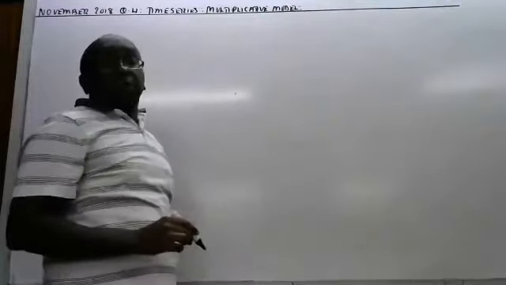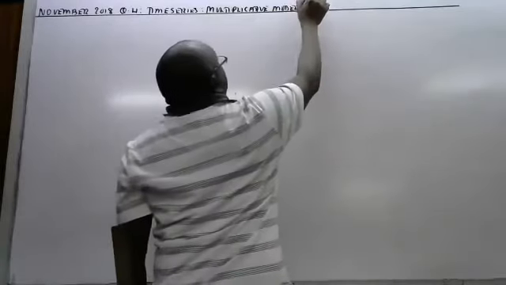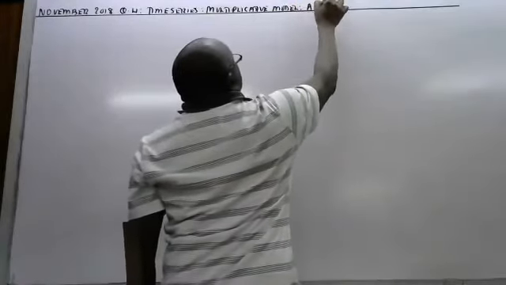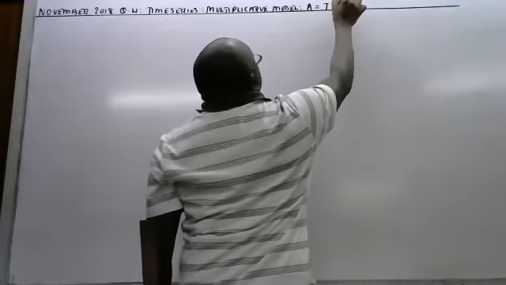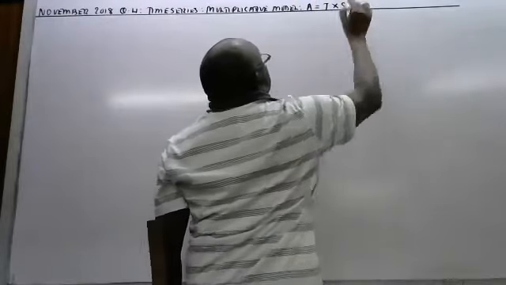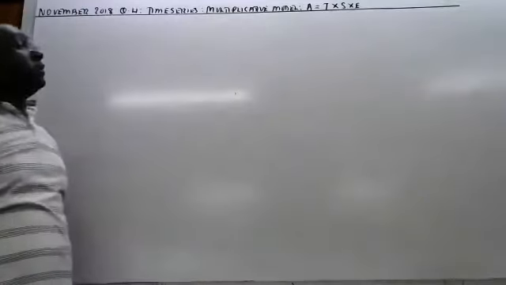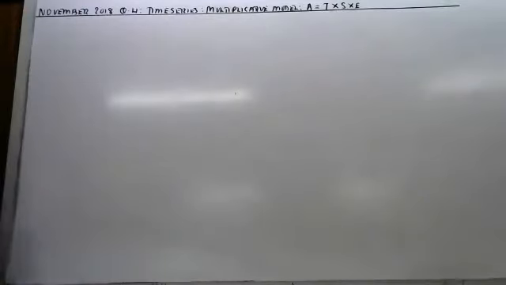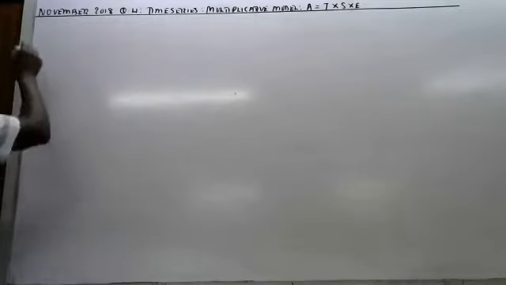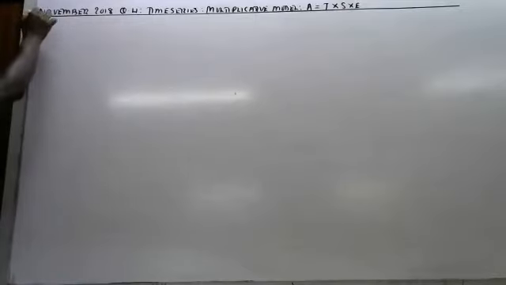And you know the multiplicative model, we normally say A is equal to T times S times E. So we always begin with the year here.